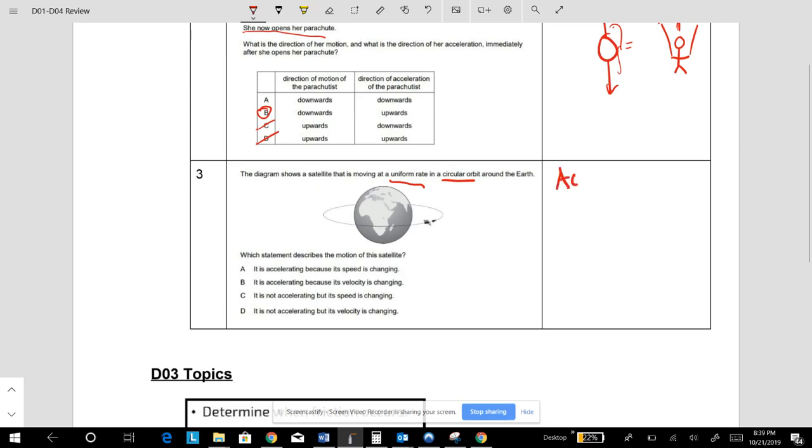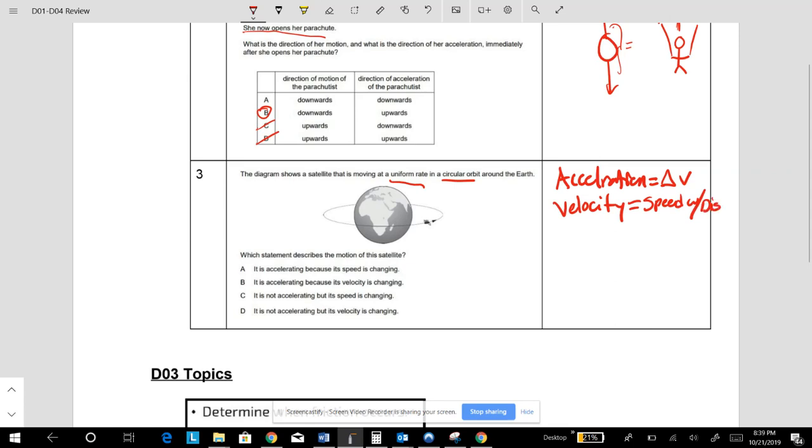If we talk about just acceleration, to kind of step back, acceleration is a change in velocity. Velocity is speed with direction.